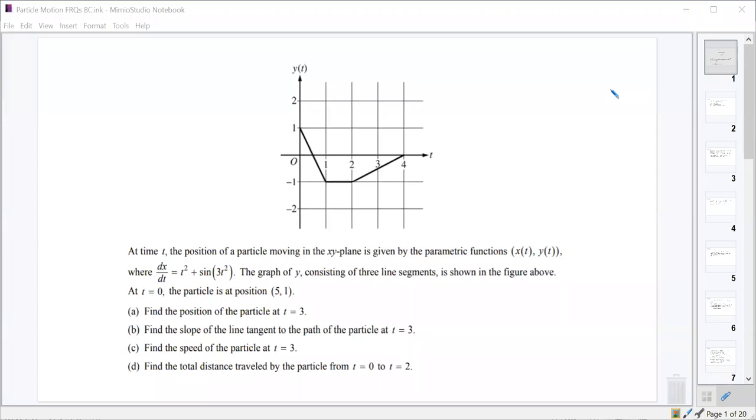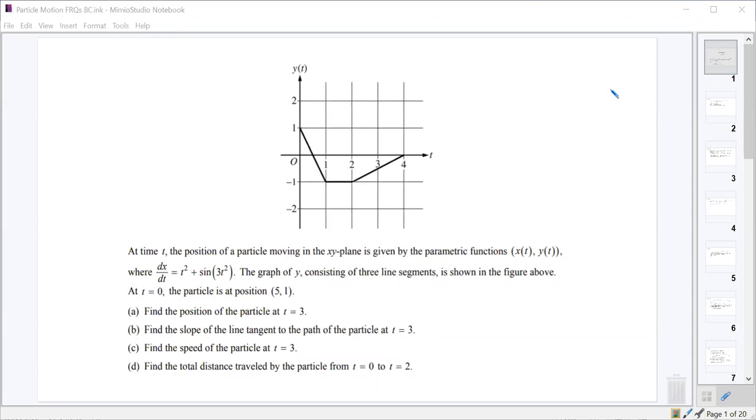So for part A, we want to find the position of a particle at t = 3. We're saying that we got a parametric function, x of t, y of t, where dx dt is t squared plus sine 3t squared. And they give us the graph of y, which is 3 line segments.